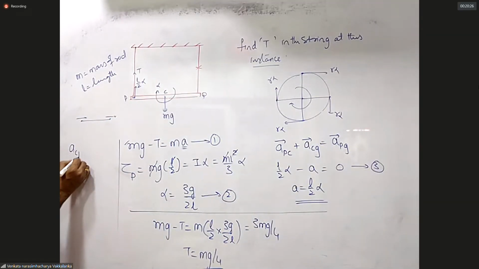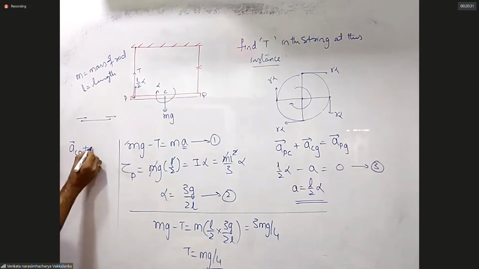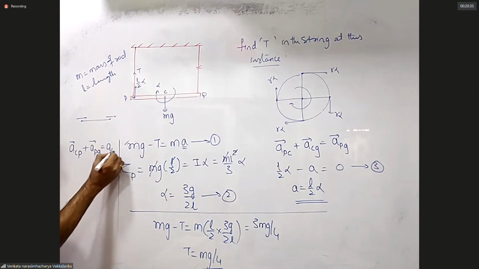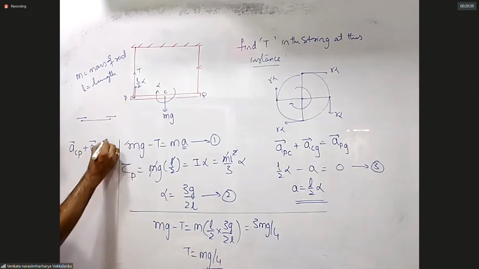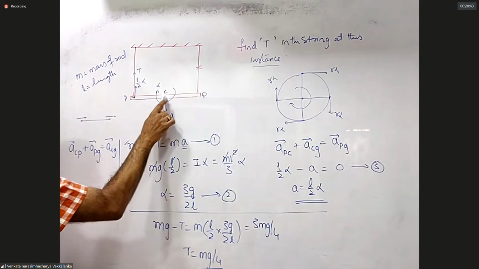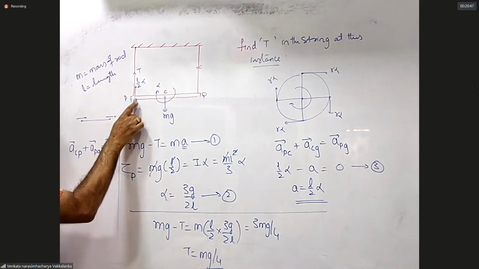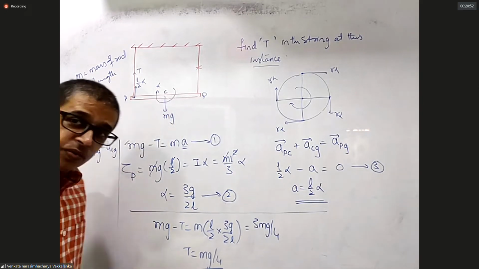Acceleration of center of mass with respect to the point P plus acceleration of point P with respect to ground is acceleration of center of mass with respect to ground. Do you agree with this? Acceleration of C with respect to the point P plus acceleration of point P with respect to ground is acceleration of C with respect to ground.